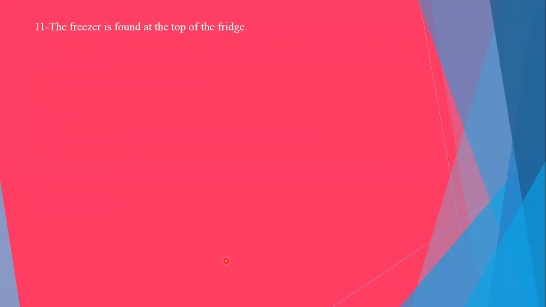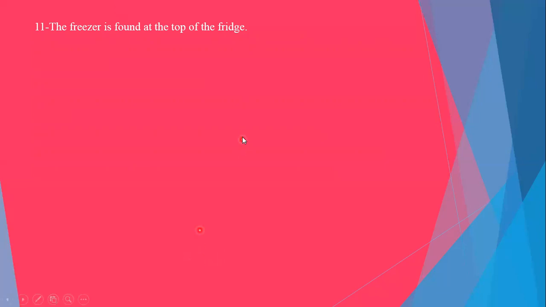The freezer is found at the top of the fridge. Let's think about why we put it at the top of the fridge. If we put it at the top of the fridge, it is going to cool the air. When air is cooled, there is a very strange property: it is going to increase its density, so it will fall down. When it falls down from the freezer, it cools the food.